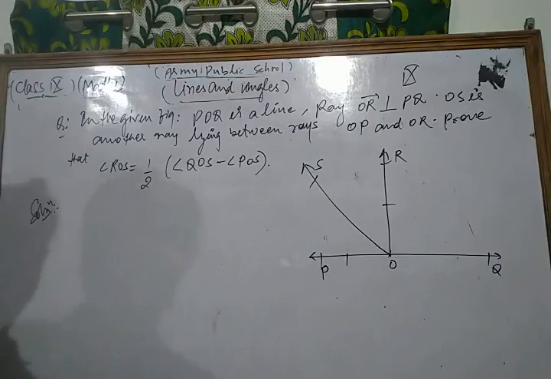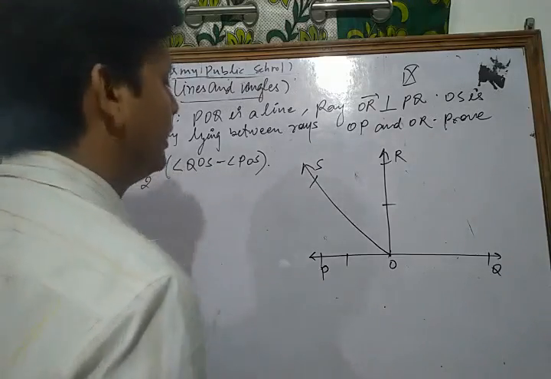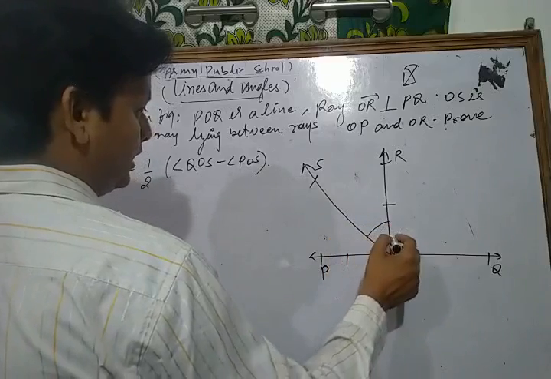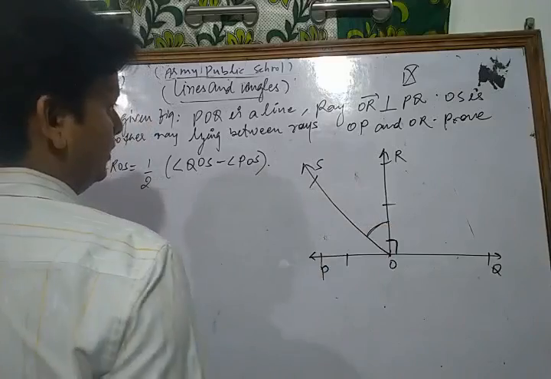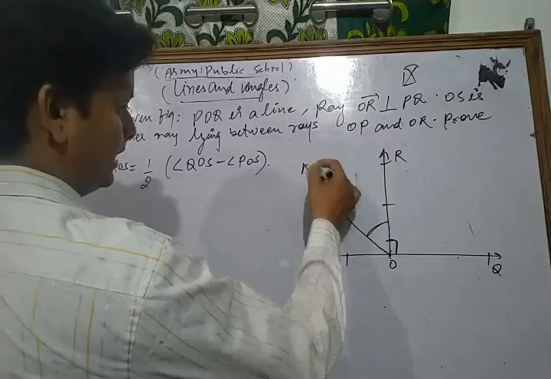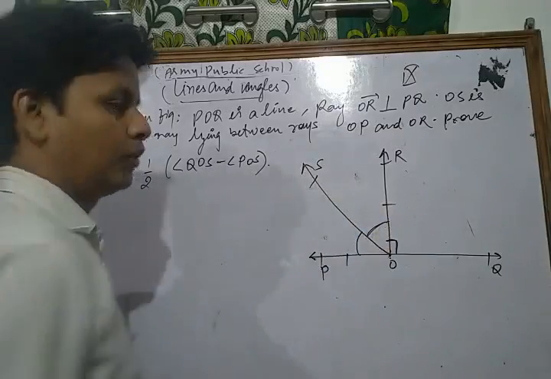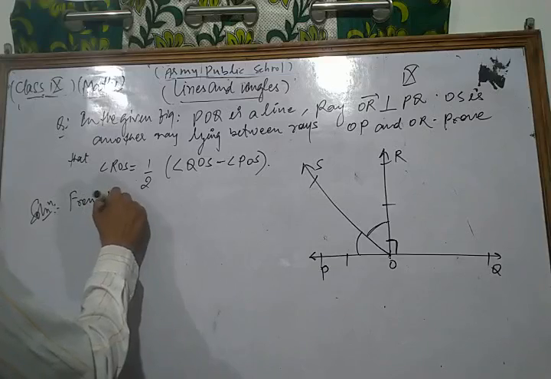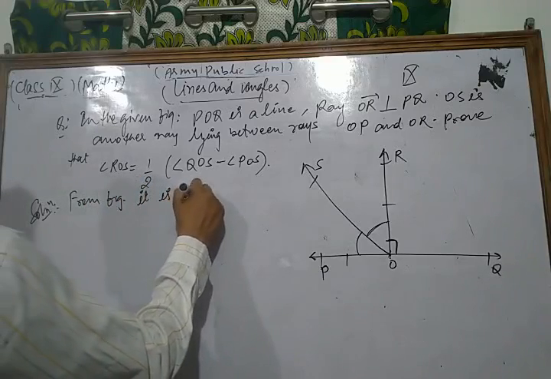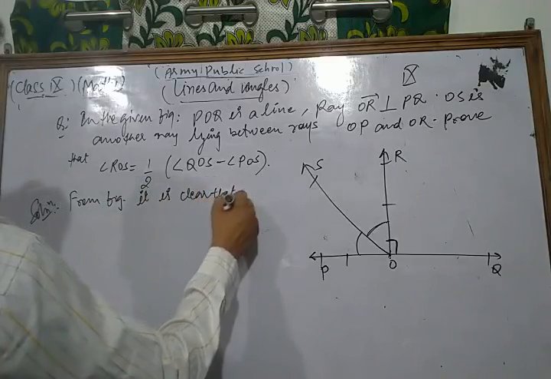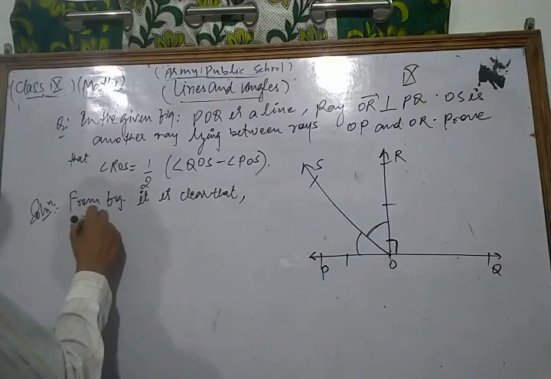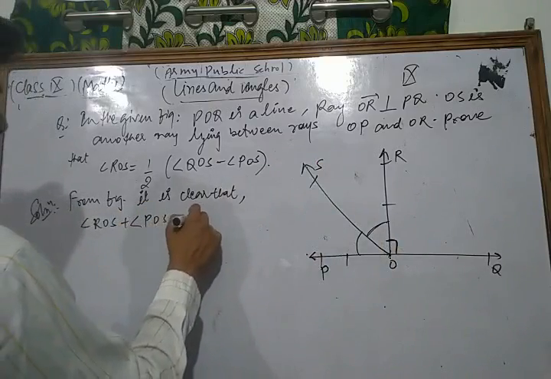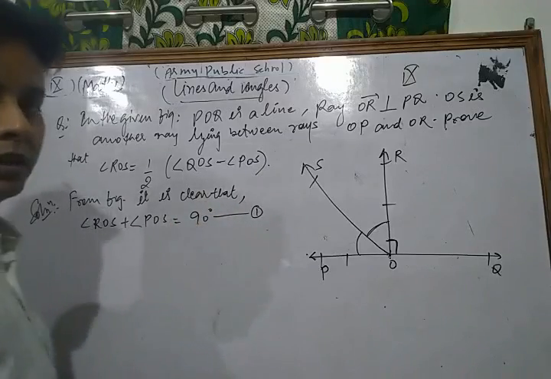First of all, dear friends, from the question it is clear that OR is perpendicular to PQ. So angle ROS plus angle POS is equal to 90 degrees. Take this as equation number 1.